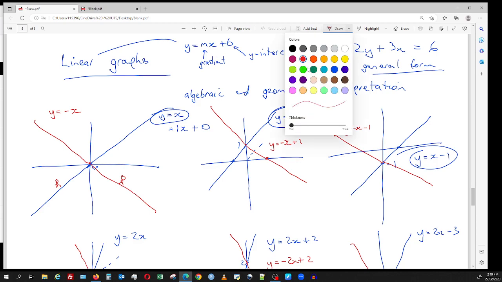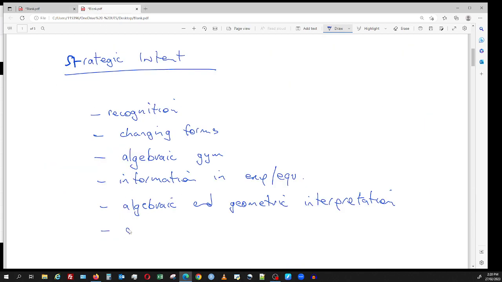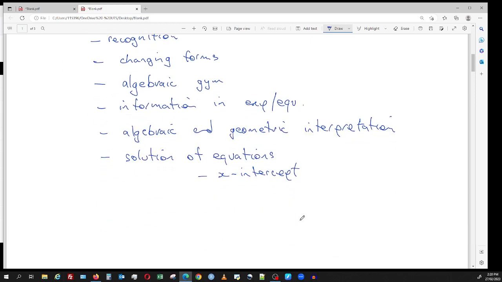If we think about what is a solution of an equation, we can call it the x-intercept, where it cuts the x-axis. We can also call it the roots of the polynomial. So a solution or a root, it's a similar thing.